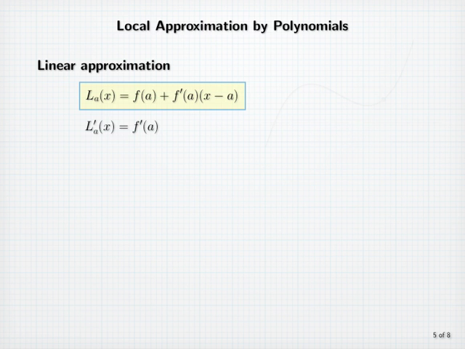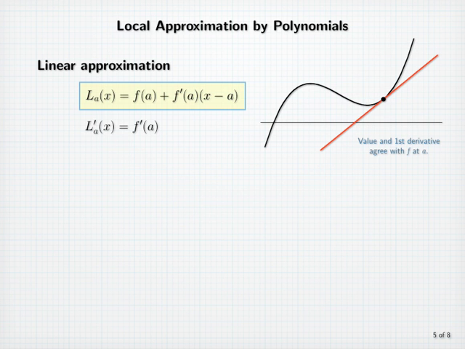Here's a typical picture. The linear approximation's graph is nothing but the tangent line at x equals a, and L sub a is in fact the unique linear function whose value and first derivative agree with f at x equals a.